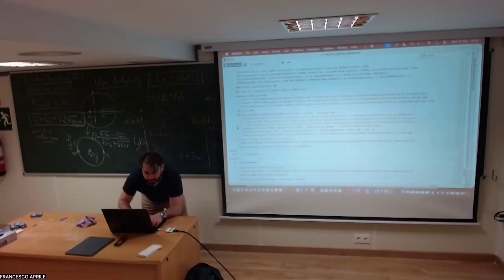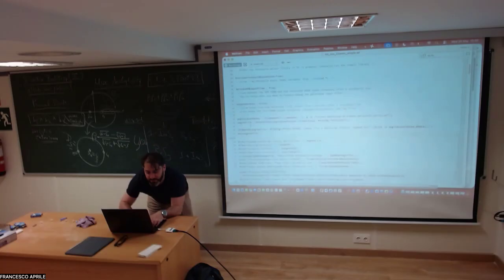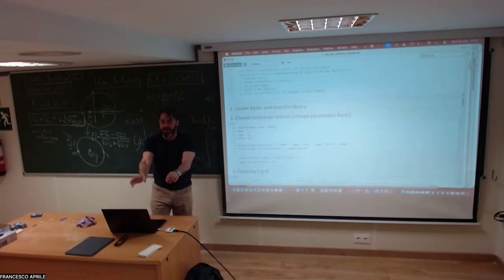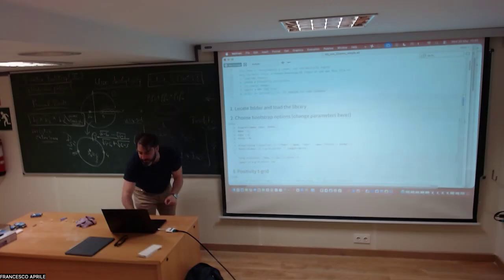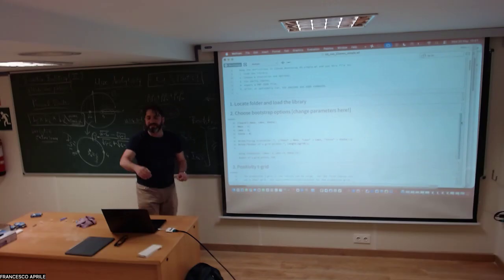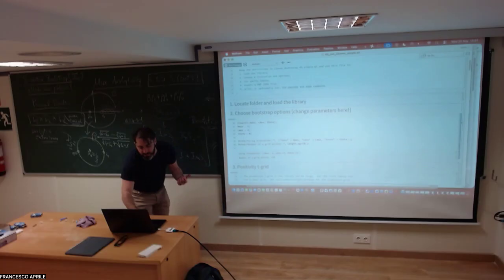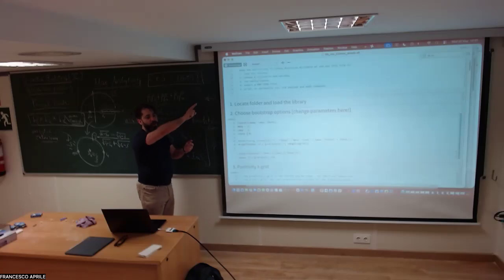Something I should tell you is that in the runner you have to choose the parameters. And I forgot to tell you that there was this Nmax, Lmax, Sgrid, and so on. So here is where you choose Nmax, Lmax. The grid you don't choose, that I choose, and theta. So theta is the angle where you shoot.